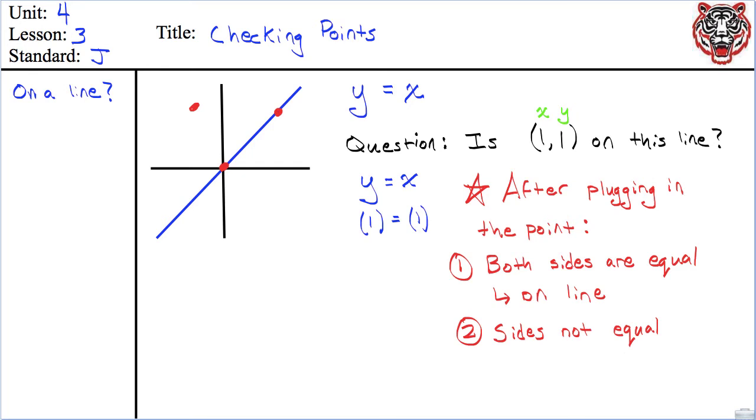And I can do a question for that. So our other question to see what happens for number 2 is this question. Is 0, 1 on the line?